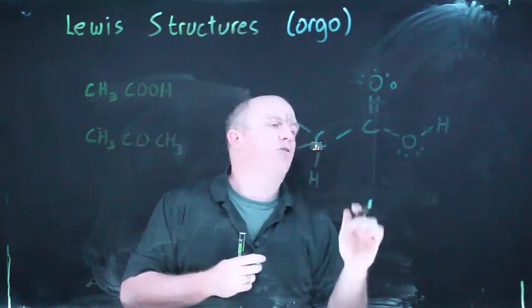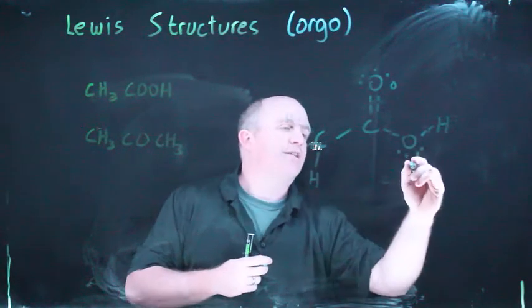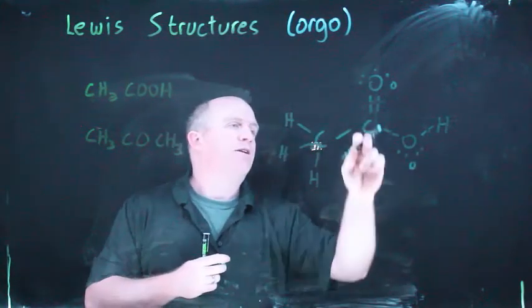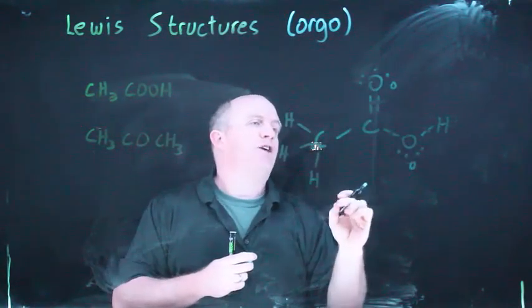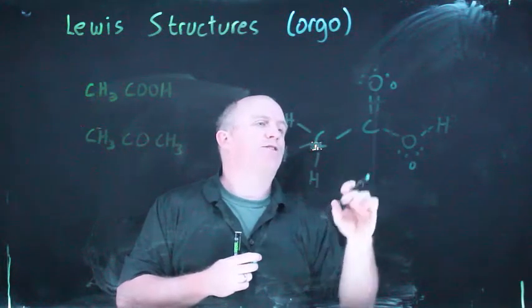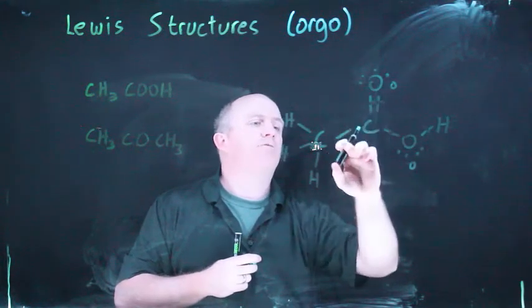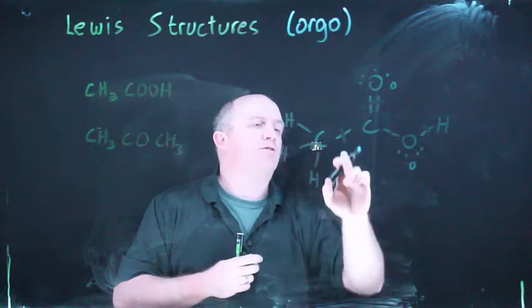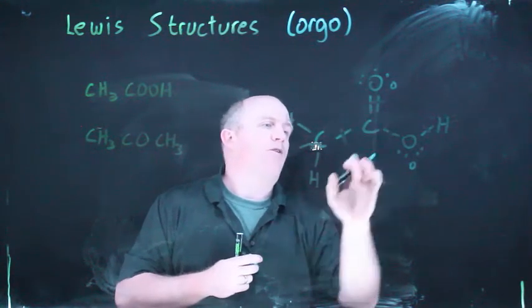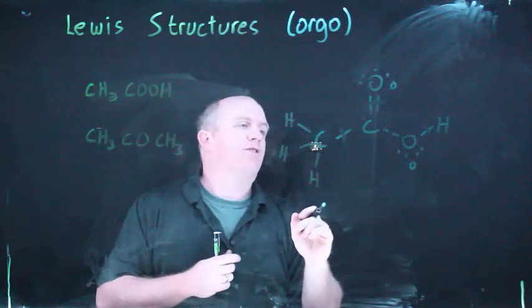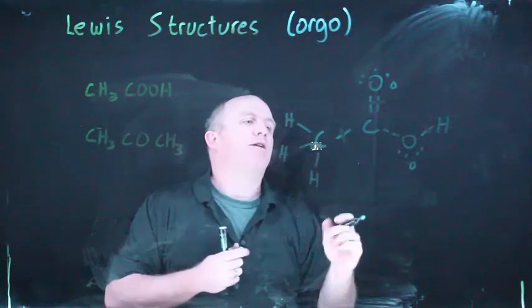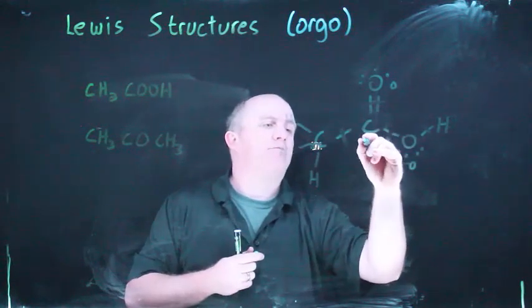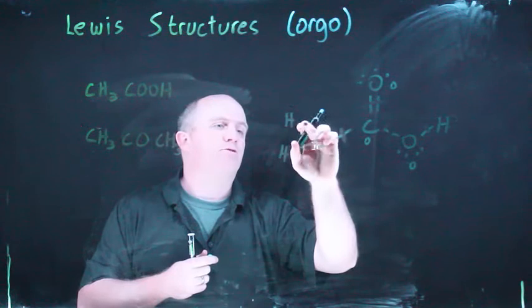It has 2 lone pairs as well, so that's 6 electrons that belong to that oxygen. This carbon is sharing 4 electrons total with that oxygen, but 2 belong to it. It's sharing 2 electrons with this carbon, but 1 belongs to it. We already mentioned that it's sharing an electron in this direction that belongs to it. And so this carbon has 4 electrons that belong to it, and therefore it is happy, it is neutral.